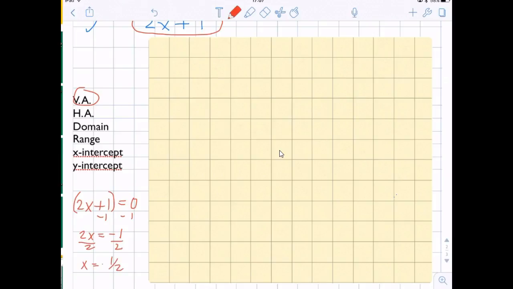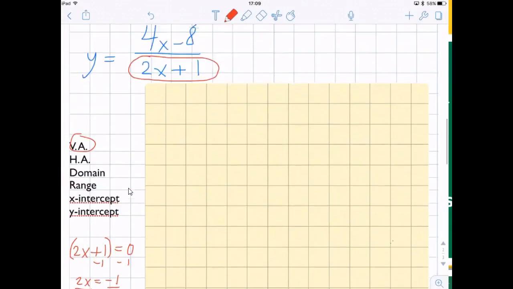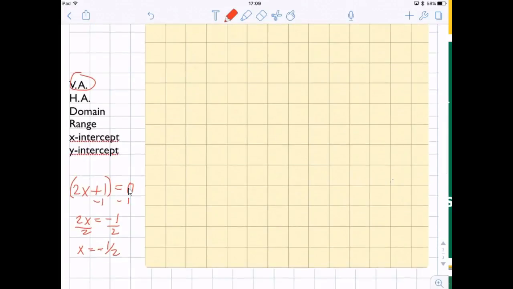And I just discovered that there is a value of x, which happens to be negative 1/2, that when I put it in here, it makes it 0, which would cause an illegal division by 0. So my result here is that x equals negative 1/2 is an illegal value. So actually, when I say what's the vertical asymptote, I can write here x equals negative 1/2.